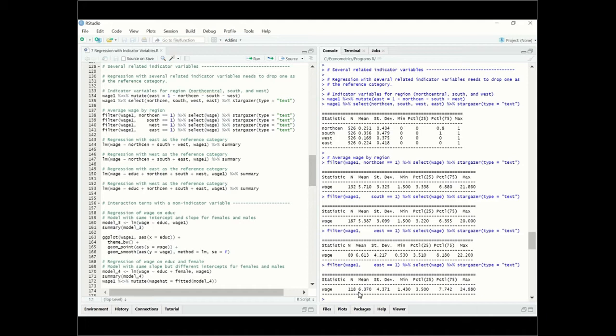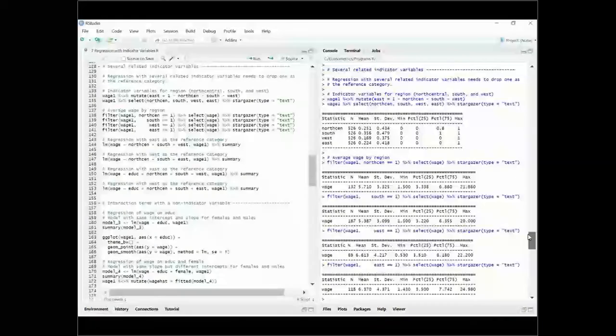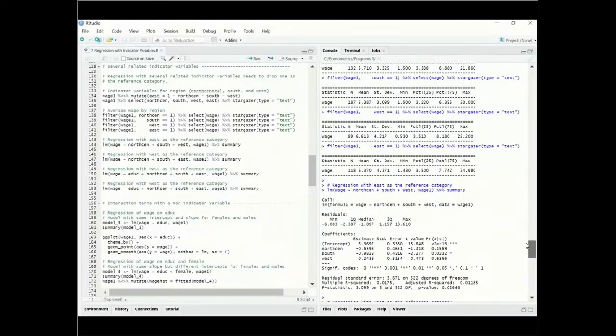How does the average wage in the West compare to the East? It is 24 cents higher. How does the average wage in the South compare to the East? It is almost a dollar, not quite, but almost a dollar less than the East, and so forth. Now let's see exactly the same differences using a regression model.